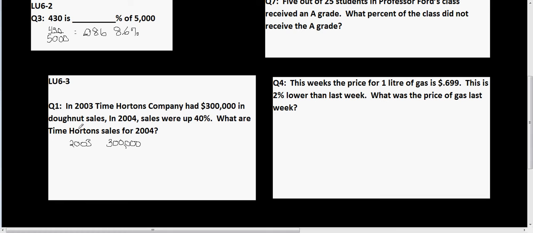In 2004, sales were up. Up means you're going to add. In 2004, we are up 40%. What are the sales in 2004? We need to solve for the total sales in 2004.